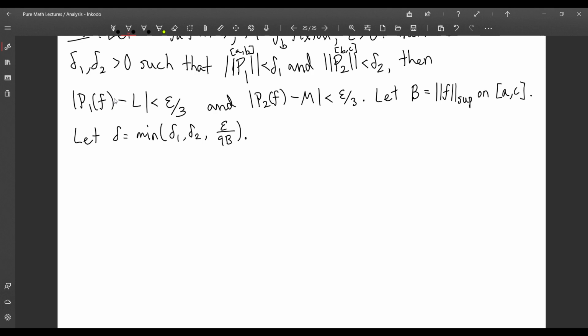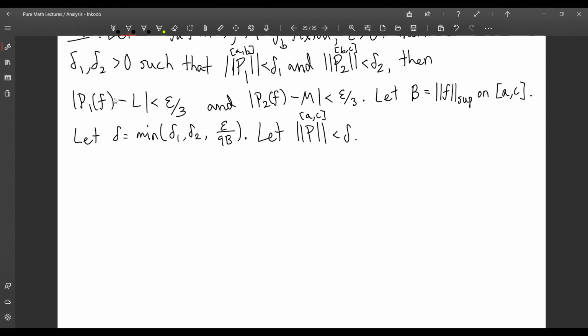You can sort of guess that we might be multiplying by 3B in order to get epsilon over 3. So that's what's going to happen. So now let P, a partition on AC, have mesh less than delta. So simultaneously, P has a mesh less than delta 1 and delta 2 and epsilon over 9B.